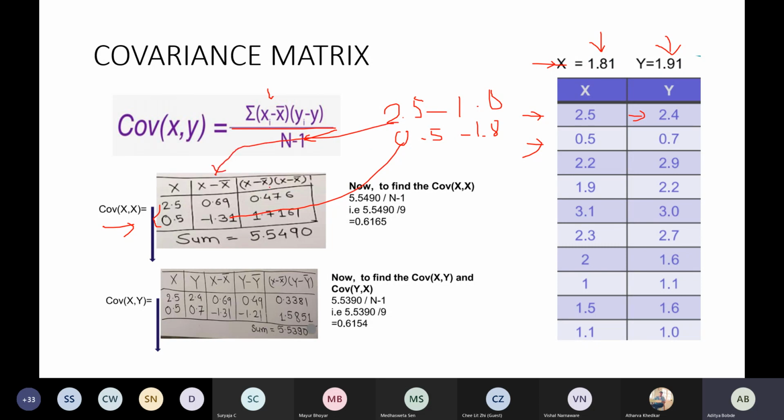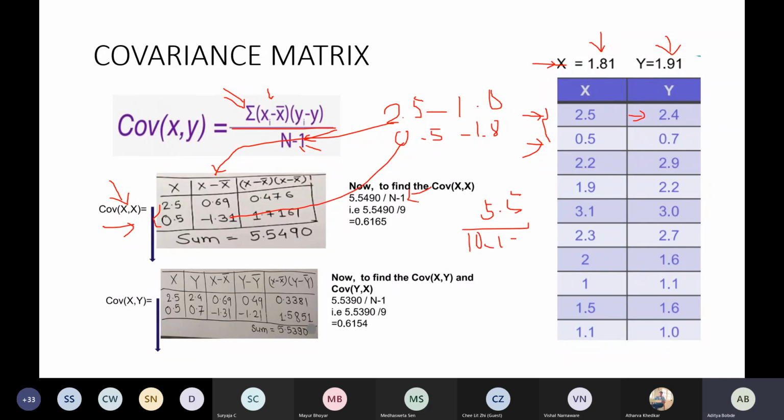After that you multiply x minus x bar with again x minus x bar, since we are computing the covariance of xx. And at last you sum up and put into the formula. So I have summed up these two values, finding the relationship between the first and second. The sum was around 5.5, divided by n minus 1. Here n was 10, and 10 minus 1 is 9.